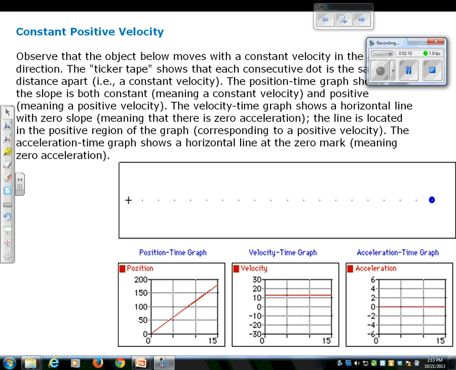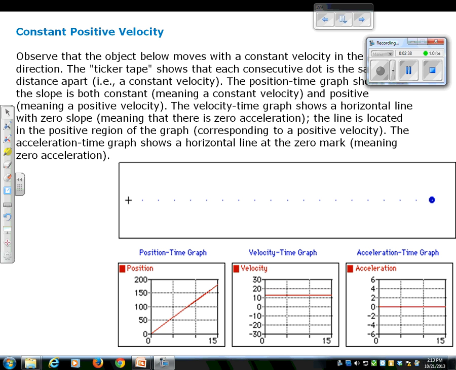In fact, it's about 11 or 12, right? How would I get 11 or 12 out of this graph? I would calculate the slope. The slope of that graph would be about 11 or 12, and it would be 11 or 12 throughout the entire graph.